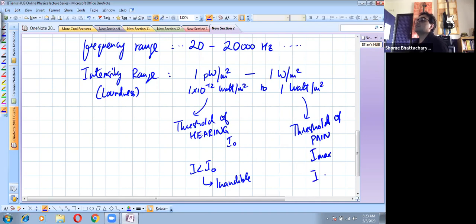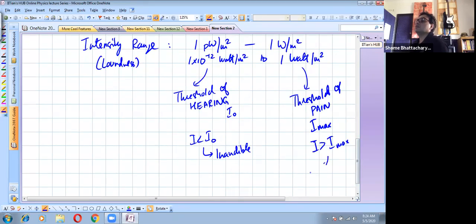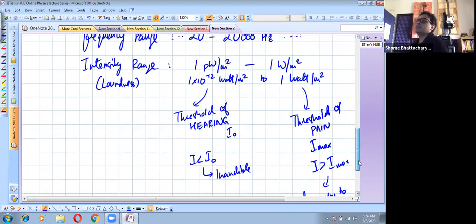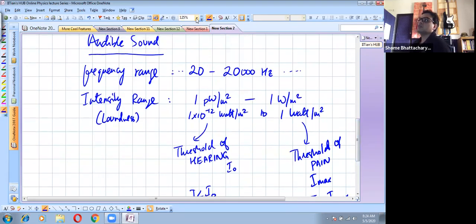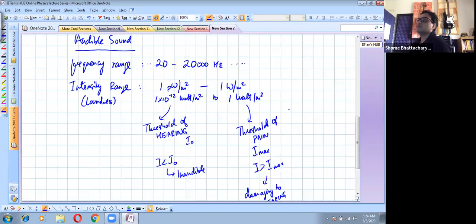So if intensity becomes greater than I max, it is not that it is not audible. It will be audible, but it will also be damaging to hearing. So it can cause permanent damage if you are subjected for too long to that kind of sound, more than the threshold of pain.